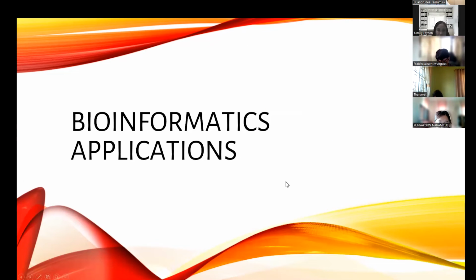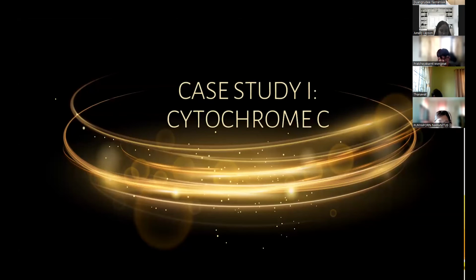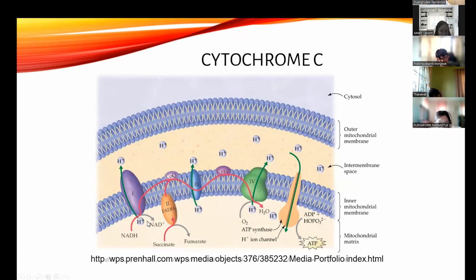Let's come to bioinformatics applications. So the case study is Cytochrome C. I talk about Cytochrome C everywhere. So if you want to do research about a particular protein, let's come to the example of Cytochrome C, how we do it. So in the Prentice Hall textbook, it shows you the electron transport chain like this, and Ajahn Chanan may show you a little bit more in other videos.